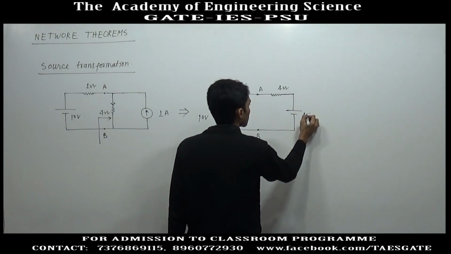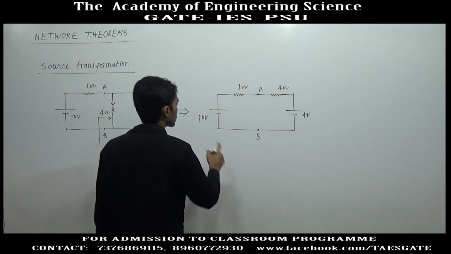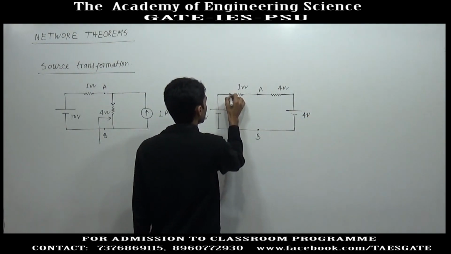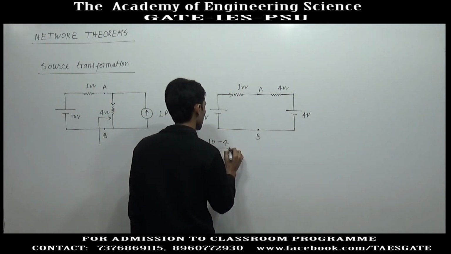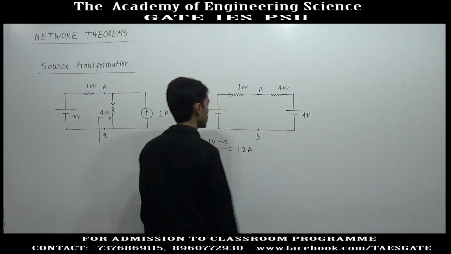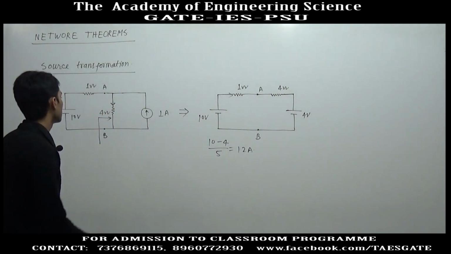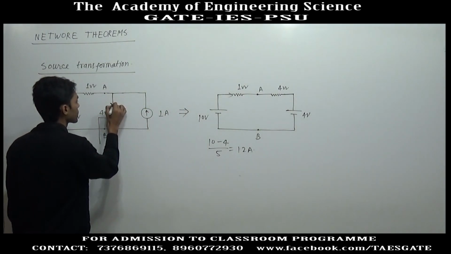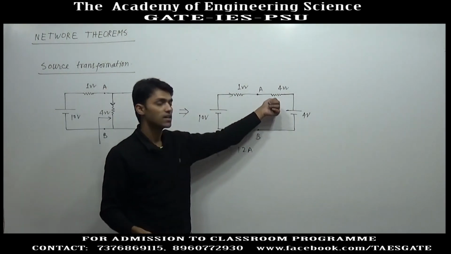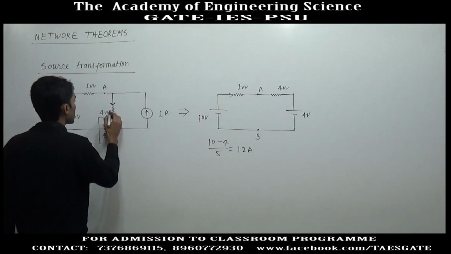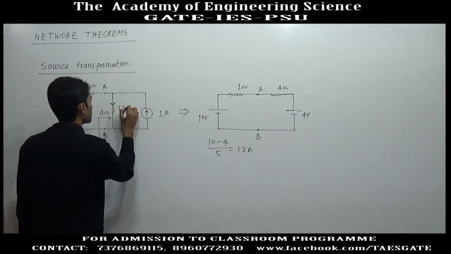Here the current will be 10 minus 4 divided by 5, that is 1.2 ampere. So your answer is 1.2 ampere.